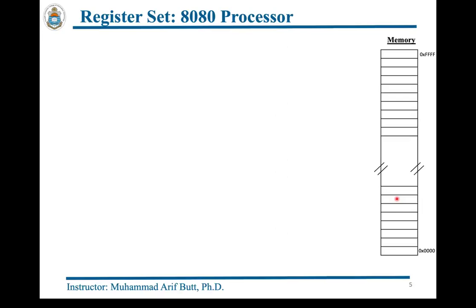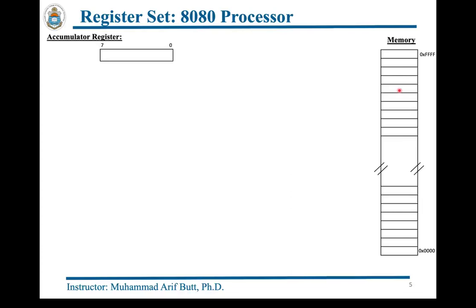The processor uses 16-bit addresses for data memory, so the data can be placed anywhere within this 64 KB. And similarly, the stack memory is also limited by the size of the memory, that is 64 KB. And of course, in 8080, the stack grows downward from the higher address towards the lower address.